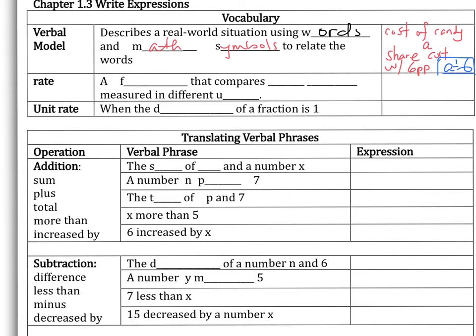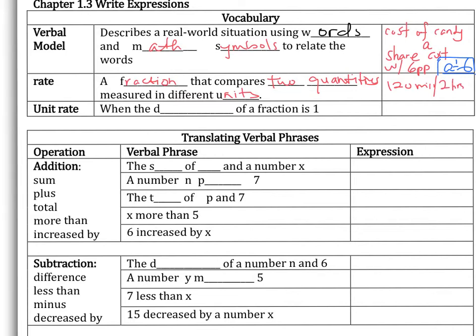Rate: a fraction that compares two quantities measured in different units. For example, you can have 120 miles per 2 hours.